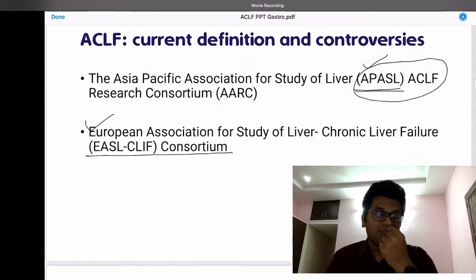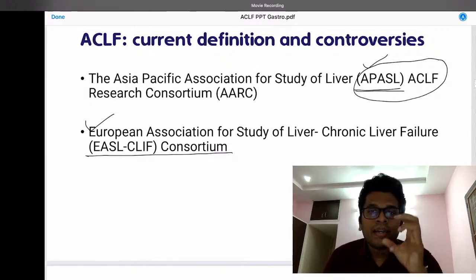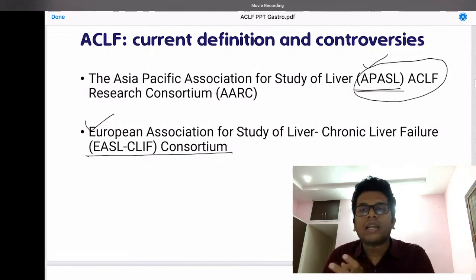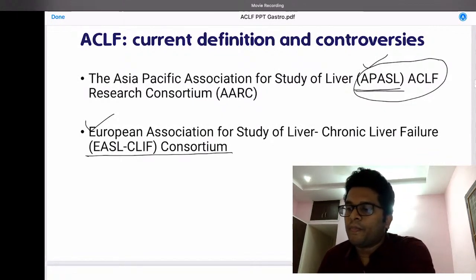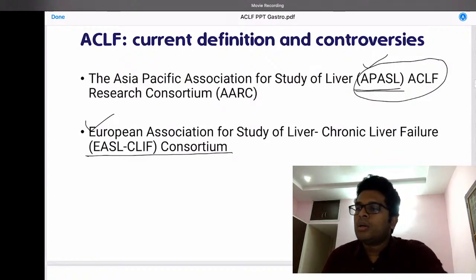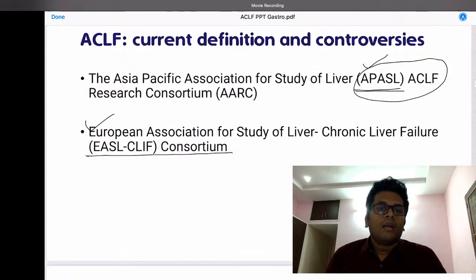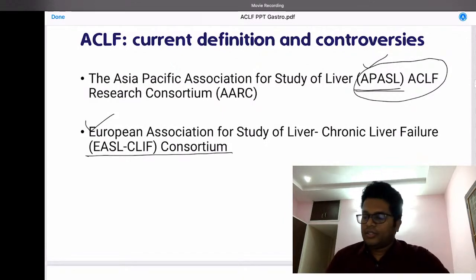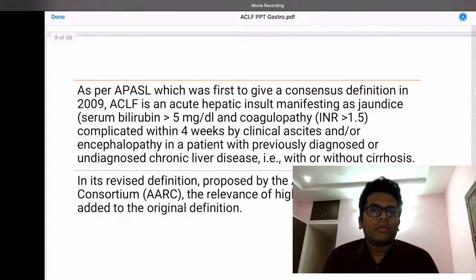Because the concept of the golden window was emphasized, and more importantly, liver failure rather than extrahepatic organ failure was concentrated on in this particular scenario. Now, coming to the APASL definition, just 2 points we have to know about this.